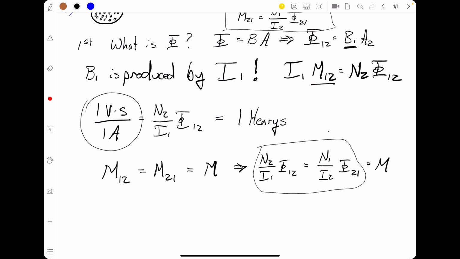Okay, these are the turns or winding. And the flux, the magnetic flux. So we only need to know those three things, and we can get our mutual inductance or inductance from one to the other.